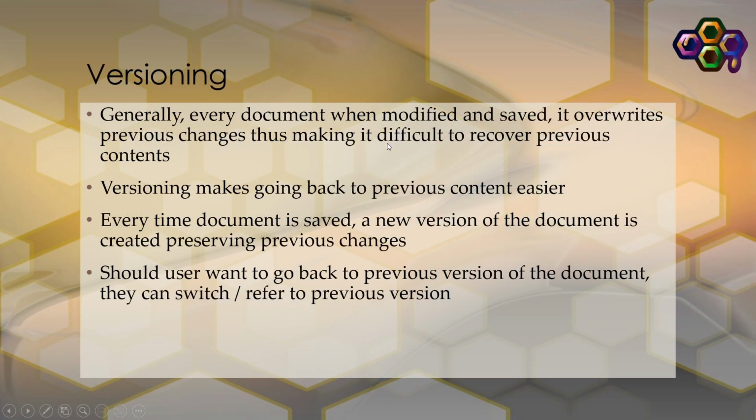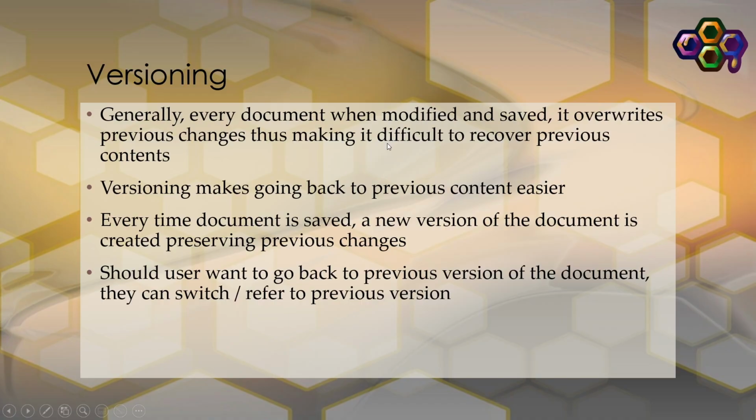Generally on your computer, when you double click any document, edit it, save it, and close it, it overwrites the previous changes. Whatever you modified, whatever was previously there is gone. Versioning makes it easier to go back to the previous content.